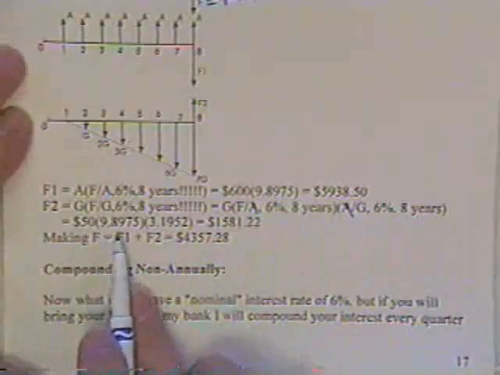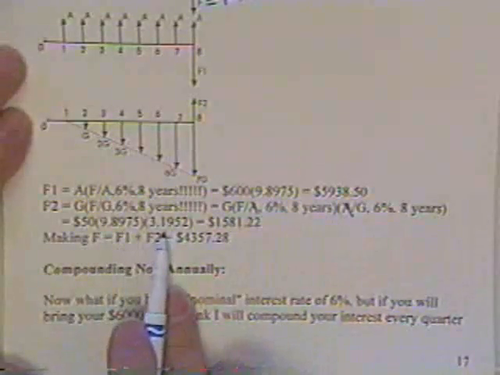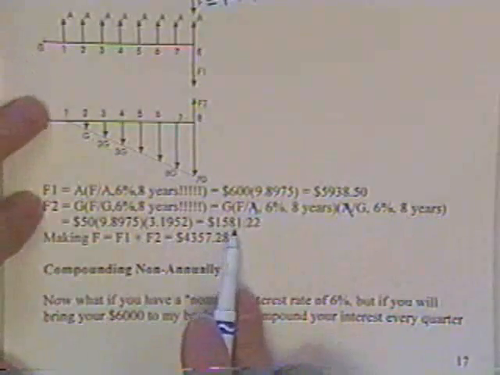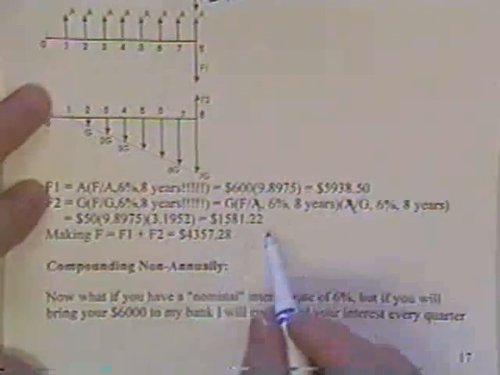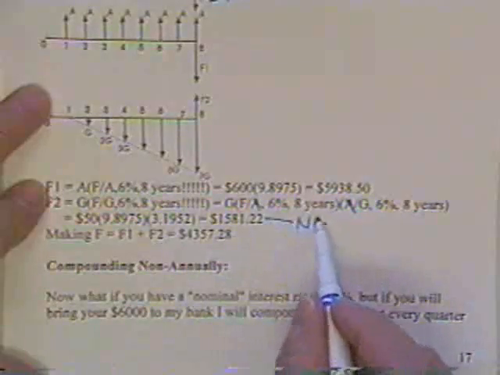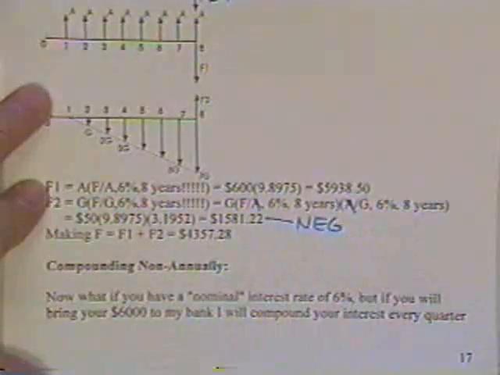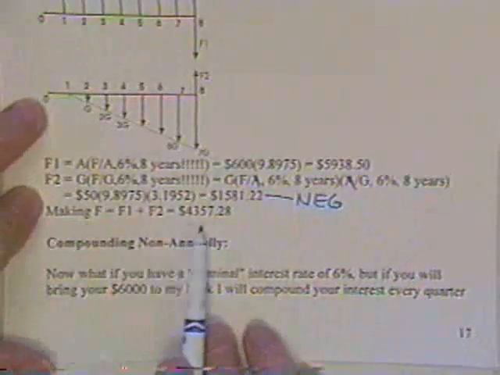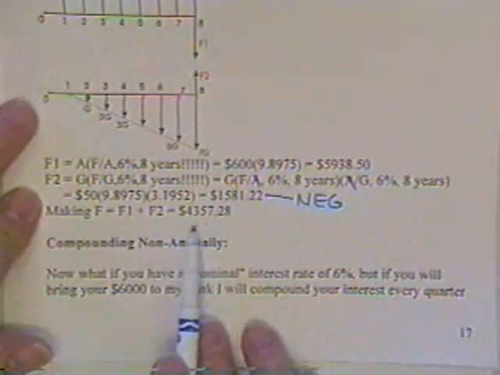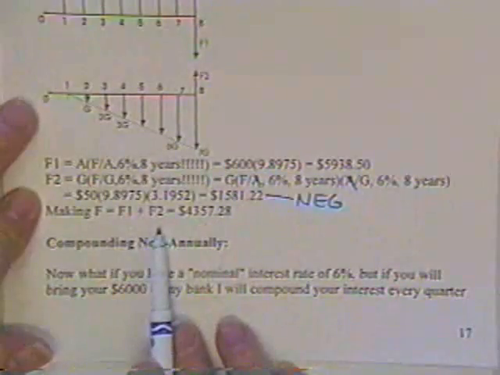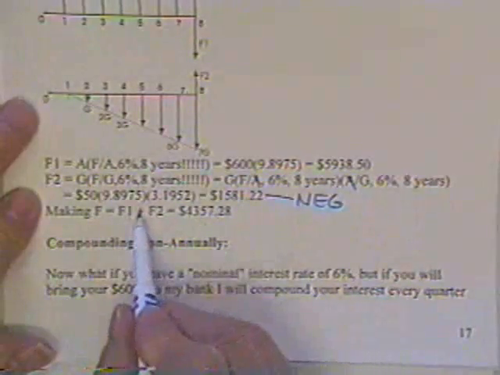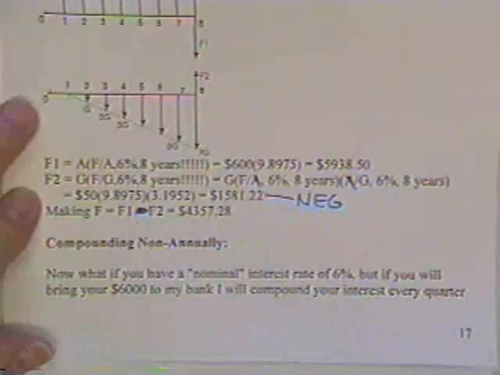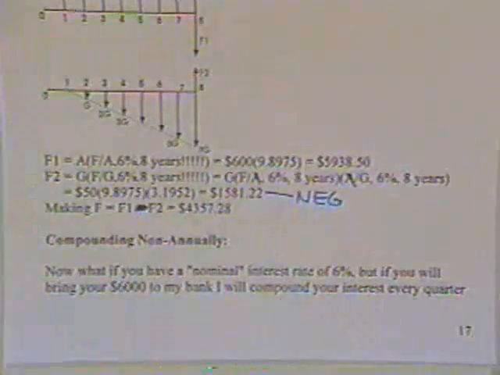And that's equal to $50 times the two factors found from the table for the 8 years. Gave me $1,581 for the second part. This, of course, is a negative number because it has been extracted from the bank. Therefore, the future value is $4,357. The sum of the two. I guess this really should say minus here, or that ought to be negative, in which case the plus sign is okay.